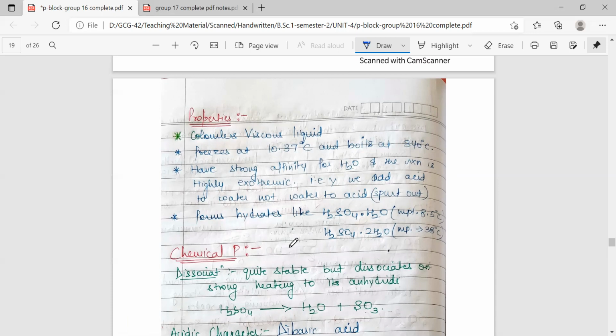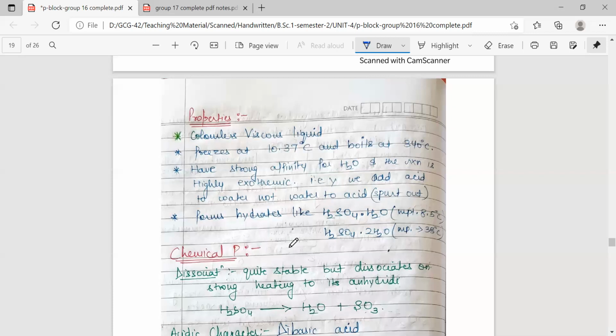But if we add water into the acid, where the acid is in large amount and water is going in dropwise, the water is going to boil off, releasing a large amount of energy and resulting in spurting out of the acid on our face. This can lead to a major accident. So this is a major caution to be taken whenever we are handling acids and want to dilute them for our laboratory experiments.